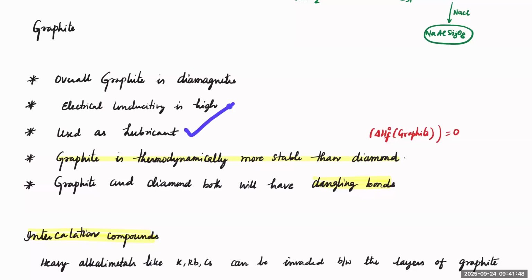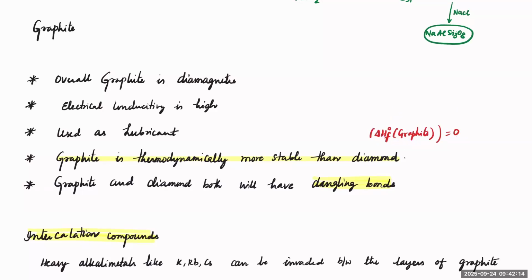It can be used as a lubricant because of its planar structure. And thermodynamically, it is more stable than diamond. You can see bond energy is higher between carbon and carbon here. That's why thermodynamically, graphite is given more significance than diamond, and that's the reason why delta H of graphite is taken as 0 for standardization.